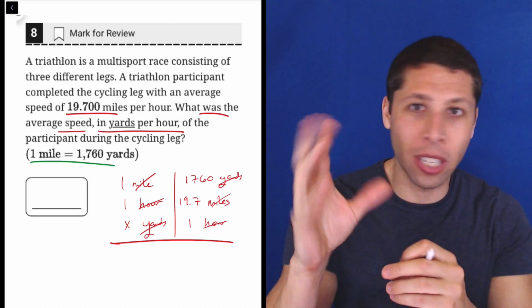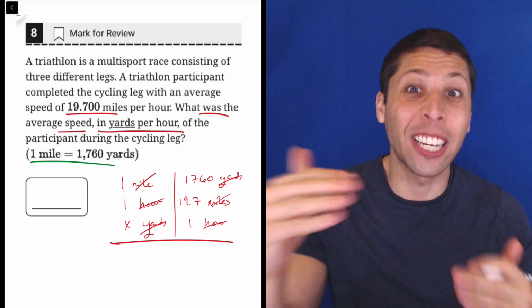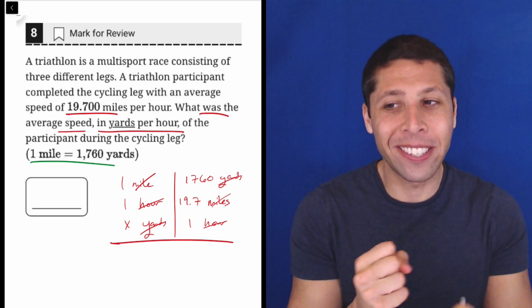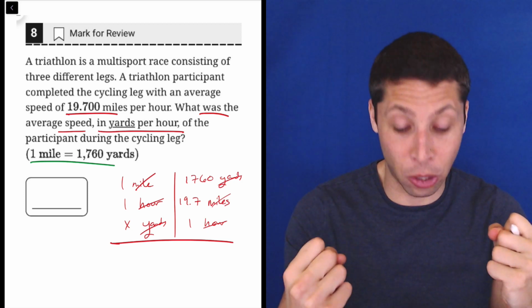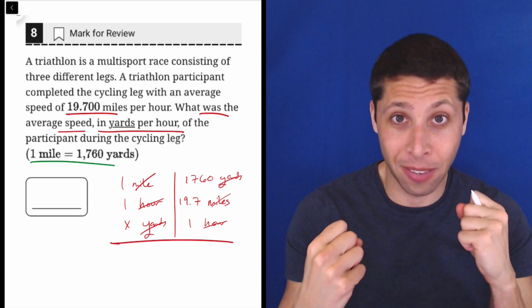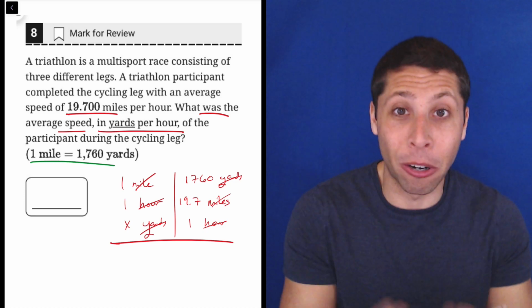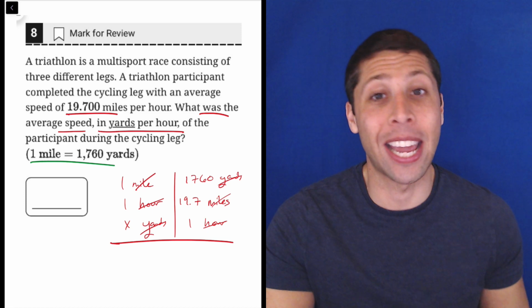Let's use 60 minutes is 1 hour, 60 seconds is 1 minute, and we can include that conversion as well. So this is a really good method for when they get hard because it doesn't really matter whether we have a more standard ratio conversion, like 1 mile is 1,760 yards, or if our units are a speed or rate where it's already built in that it's 2 units. The system can handle it.